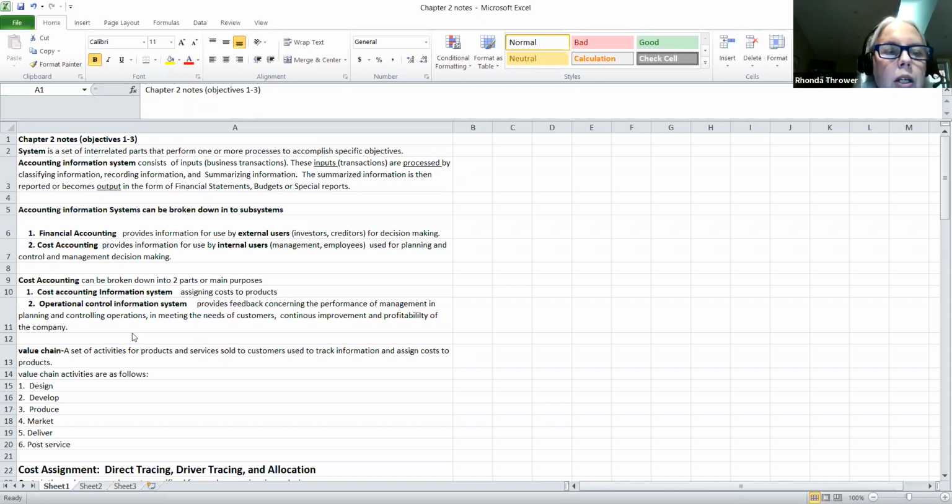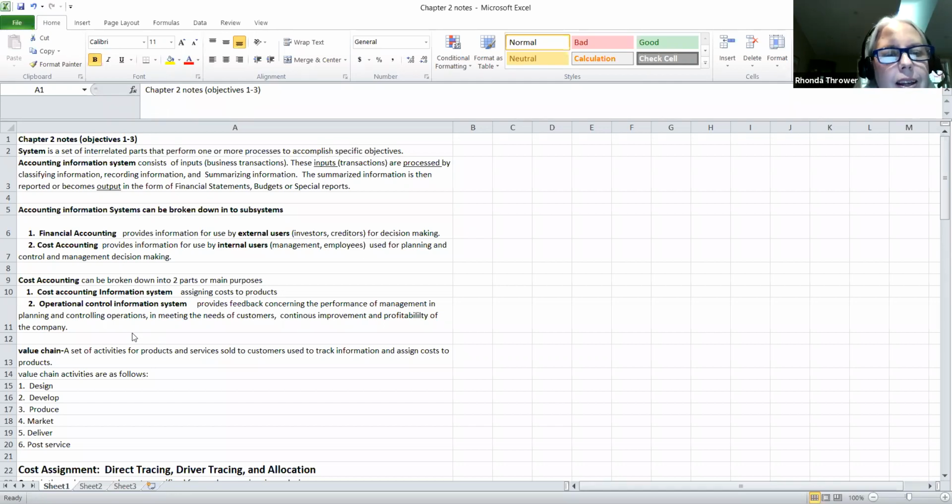In planning and controlling the operations of the company, we also want to make sure that management has the needs of customers in mind, and management should always be looking for ways to continuously improve their products and profitability of the company. So there are two purposes of cost accounting.